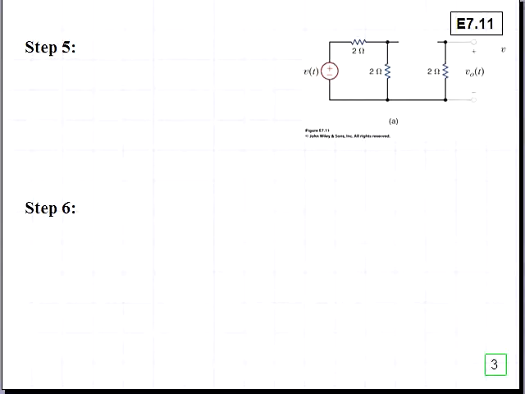Step 5 is to determine the time constant. We'll call that tau 1 for this interval 1. That's going to be L divided by the Thevenin resistance RTH1, which is seen by the inductor in this circuit. To do this analysis, we set the independent voltage source, which happens to be 12 volts in this period, to 0, and then analyze the remaining circuit for its resistance value.